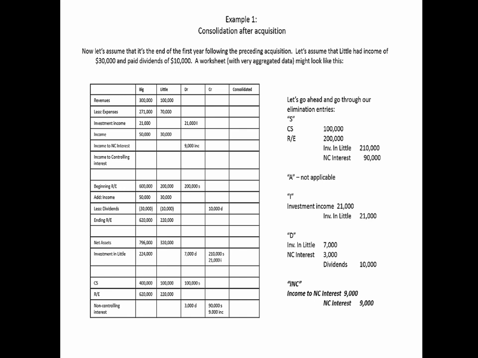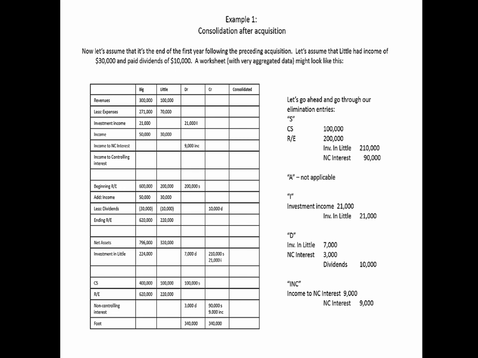So we allocate 30% of $30,000, or $9,000, to the non-controlling shareholders, and that increases the equity claim of the non-controlling interest. So we debit income to the non-controlling interest, and that's a debit up in the income statement. That's going to be subtracted. It's not a reduction of income, it's an allocation of income. And we credit or increase the equity claim of the non-controlling interest.